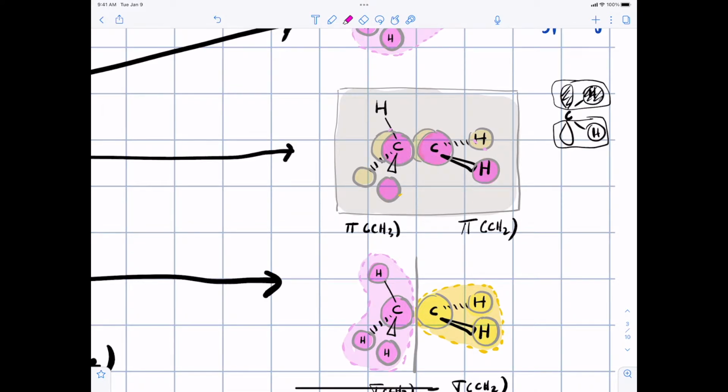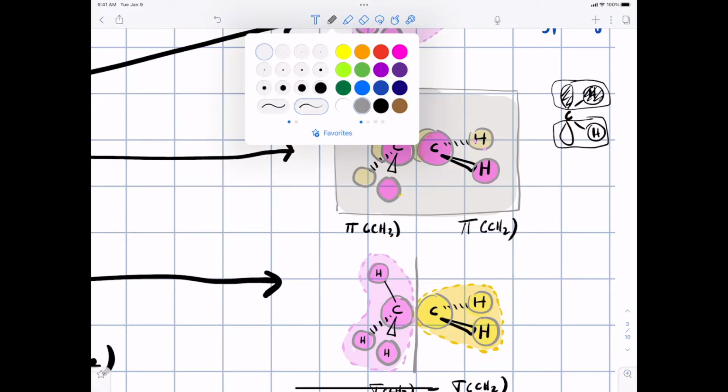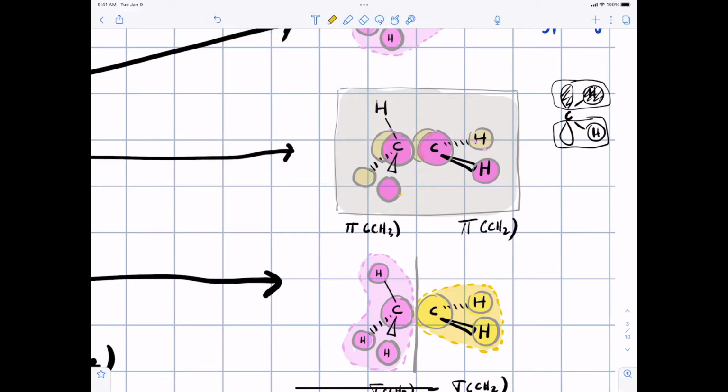All right. And if we saw what this actually looked like, I'm just going to use a dotted yellow line here to represent the orbital that's behind the plane. It's going to be this continuous lobe of orbital behind the plane of the page.